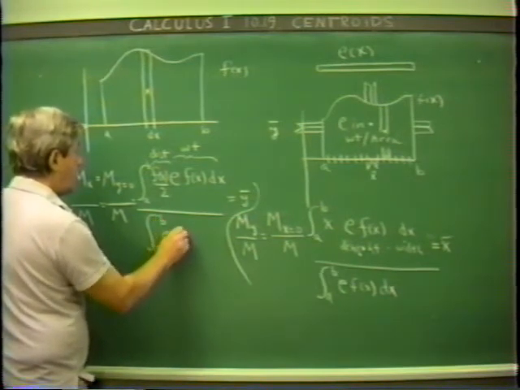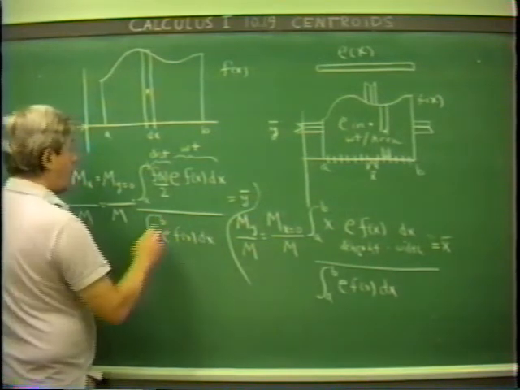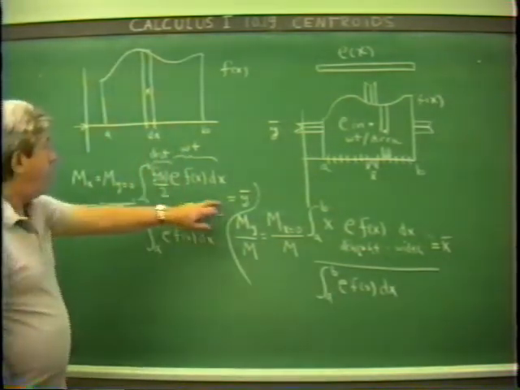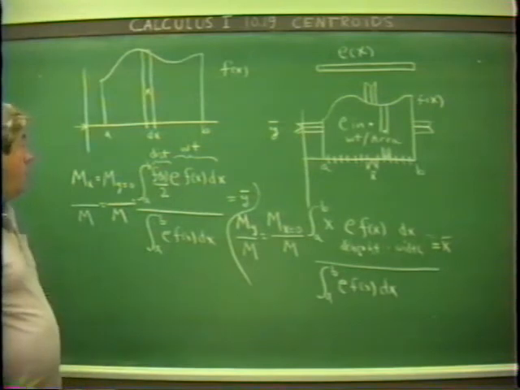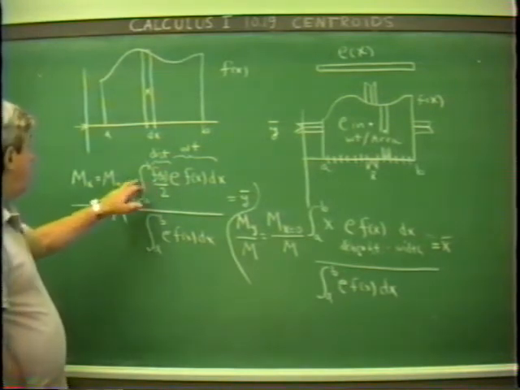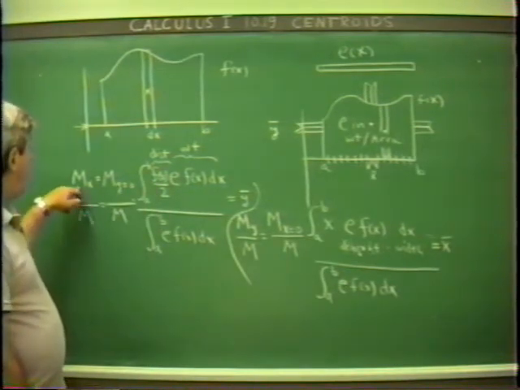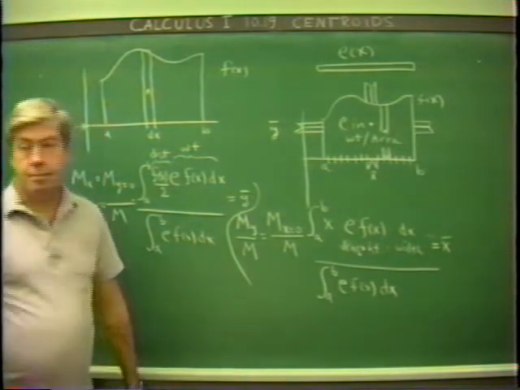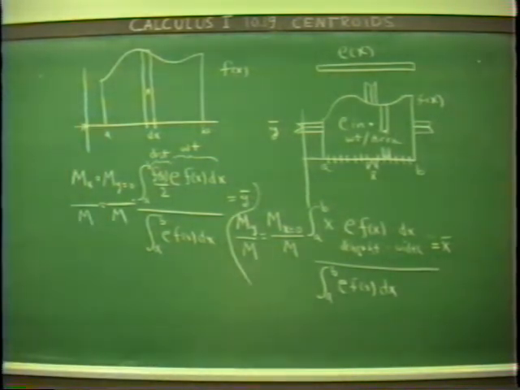The total mass is the integral from A to B of rho f of x dx, just as it was before. So we can compute y bar here by taking the moment about the x-axis and dividing it by the total mass.